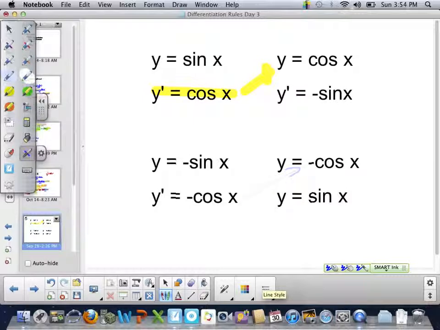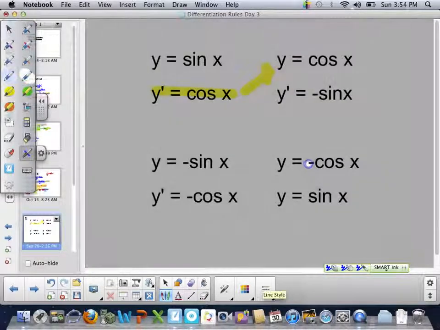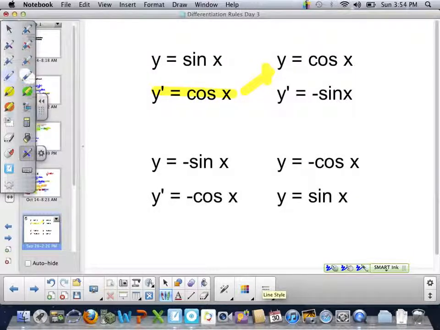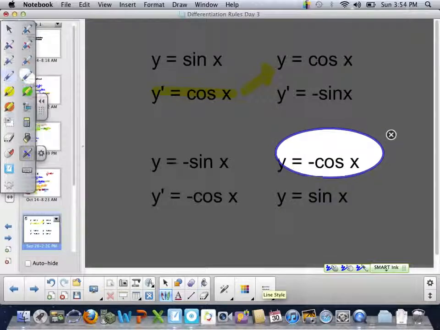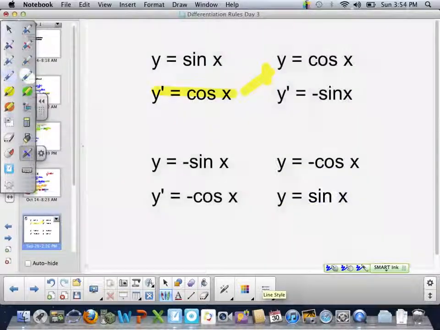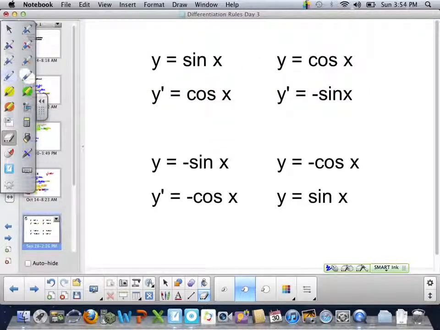The derivative of negative cosine is negative sine, but since there's already a negative there, we double the negative. A negative is positive. So the derivative of negative cosine is sine. So you can see the sine and the cosine kind of loop around. There's a 4-function loop for finding the derivatives of sine and cosine.